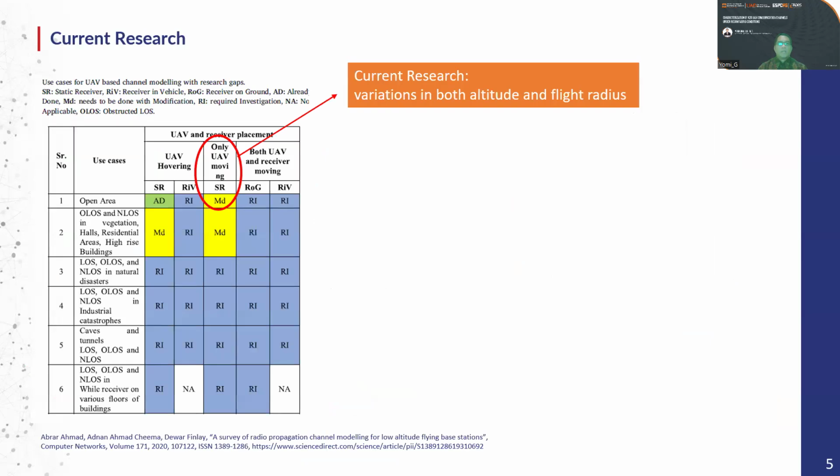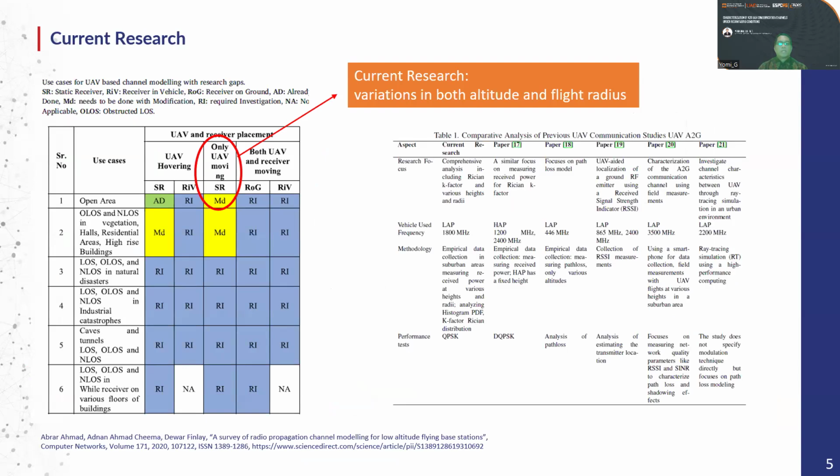Next slide. In this diagram, I will explain the focus of our ongoing research, specifically regarding the variation in altitude and flight radius in an open area environment. Next, in table 1, a comparative analysis compares our research with previous studies related to UAV A2G communication.